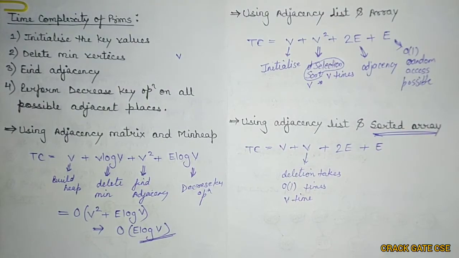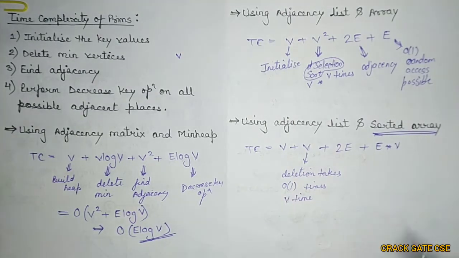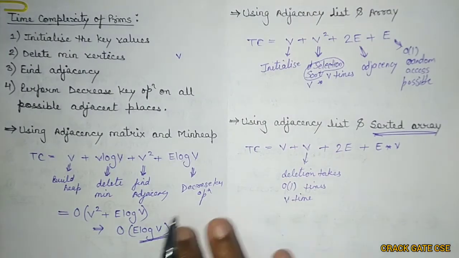And when I am changing a single value, how can we sort it? We can just scan that particular array and check the next value, and if the next value is greater, then it is okay, and if the next value is smaller, we can just swap the values. By using this, we can perform it in order of V time.